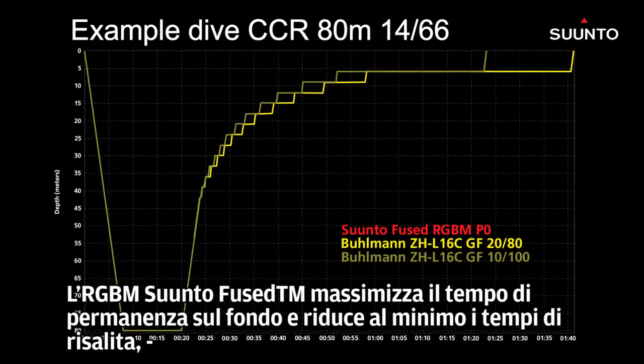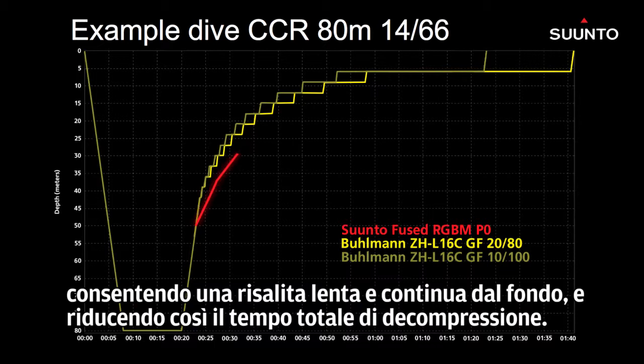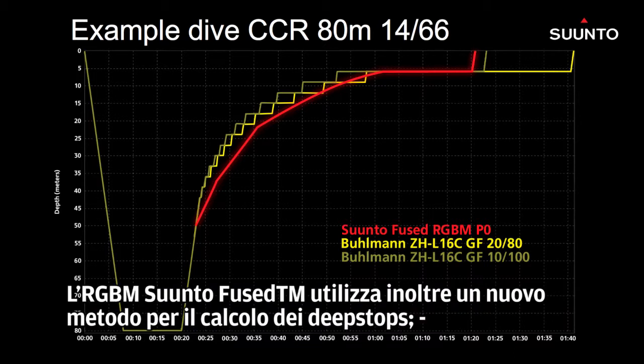Suunto fused RGBM maximizes bottom time while minimizing ascent time and provides a slow continuous ascent from depth, leading to shorter total decompression time.